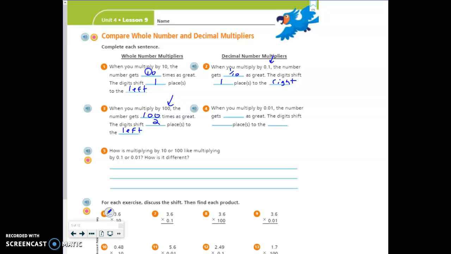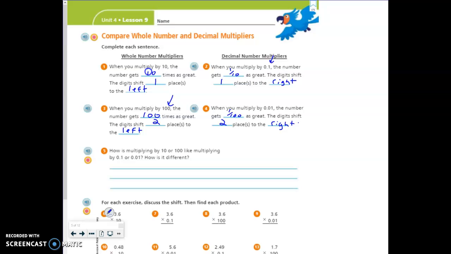But if I look to 4, I'm multiplying by 0.01, which is also stated as 1/100ths, or hundredths. Okay? So it's going to get smaller by 2 place values. So we're going to move those numbers 2 spots to the right. All right, so hopefully that makes sense to you.